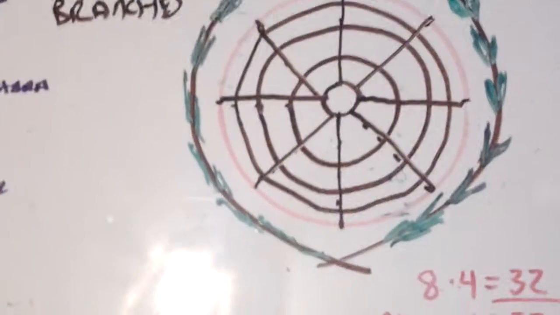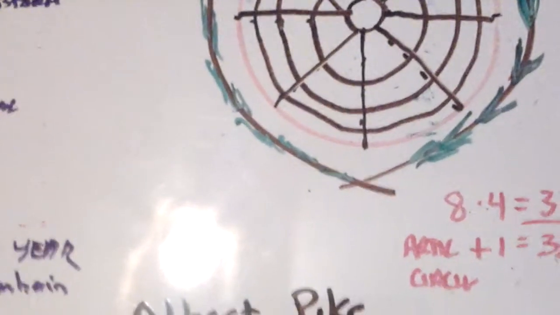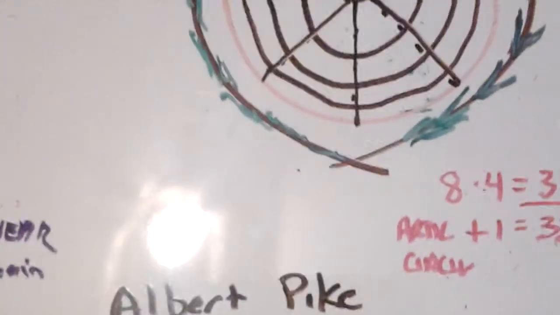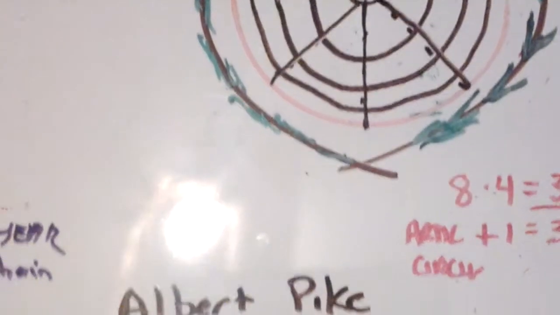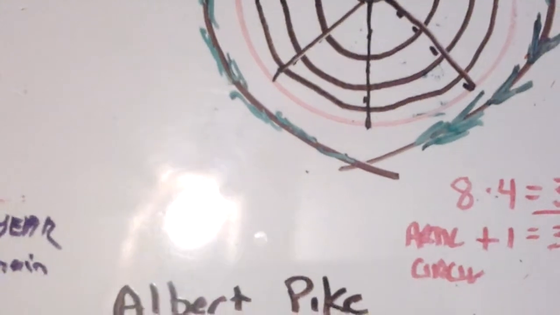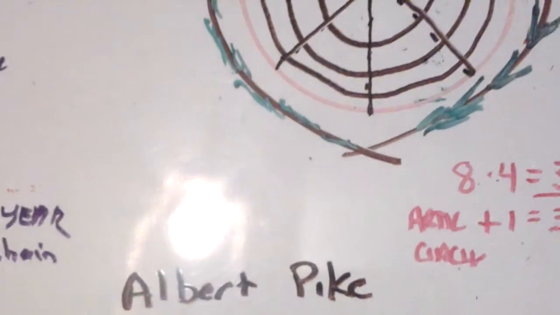Now, the great Masonic scholars, Albert Pike, who redid all the rites after the Blue Lodge and the Scottish Rite shortly after the Civil War, and Mackey talk about it.